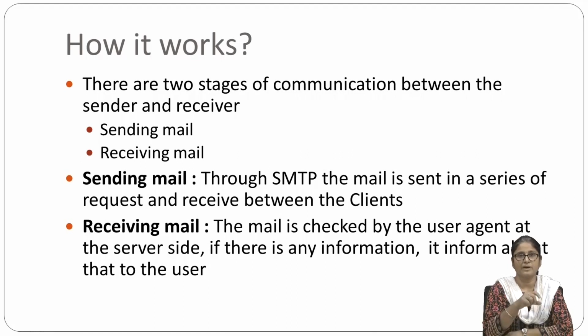In the body part, there is a mail structure. In the first text box, we have to specify the recipient address. In the second text box, we have to specify the CC, copy to that mail. In the third text box, we have to specify the subject. What is the subject of the mail?